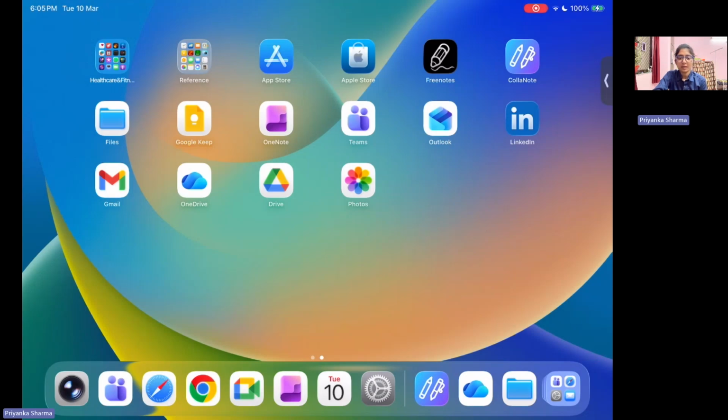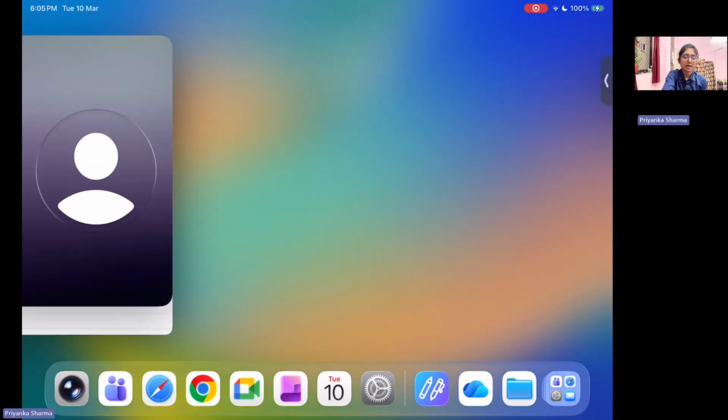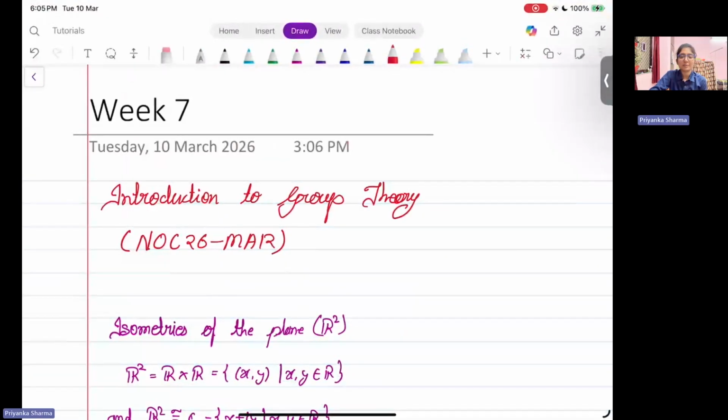In this tutorial, we will study the isometries of the plane R square.